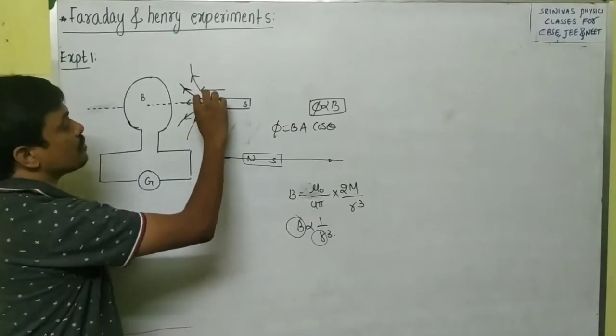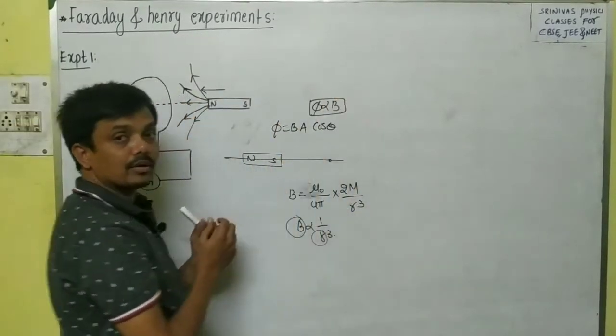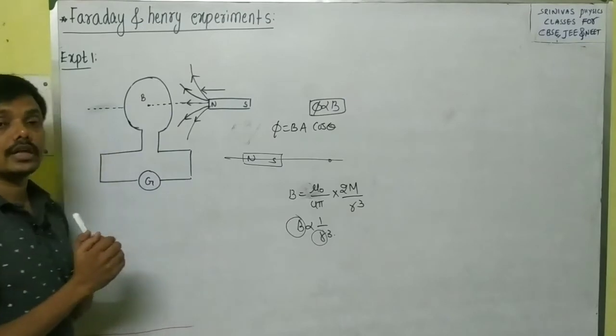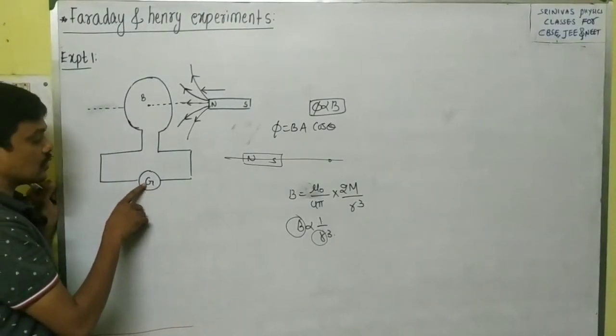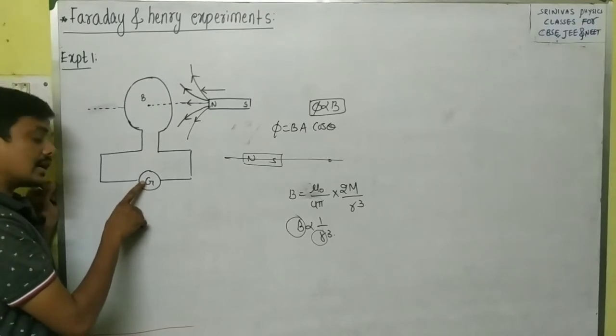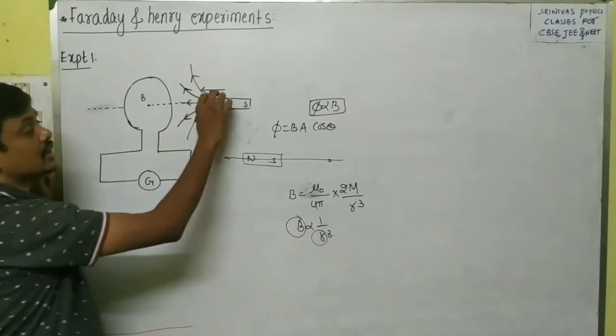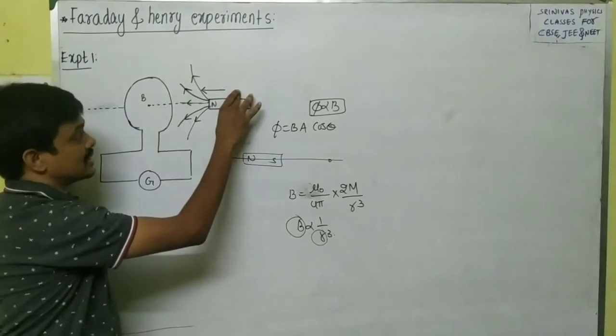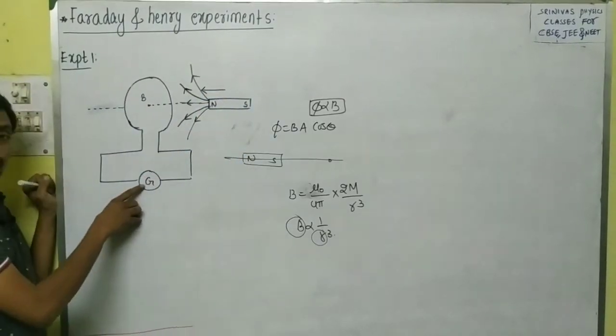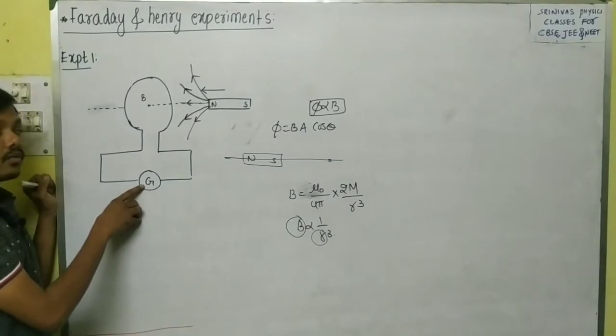After that, they moved the magnet away from the loop. Even then they observed that the galvanometer deflects again, but when they keep the magnet and loop both at rest, they did not observe any deflection in the galvanometer.